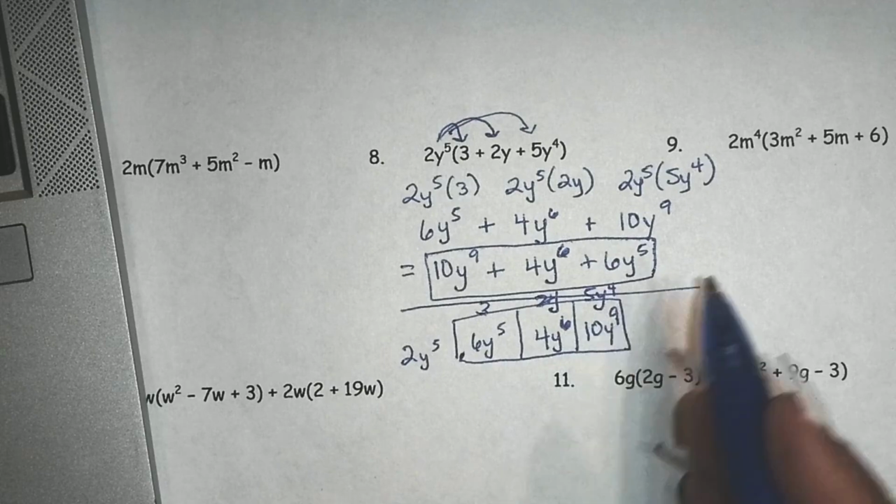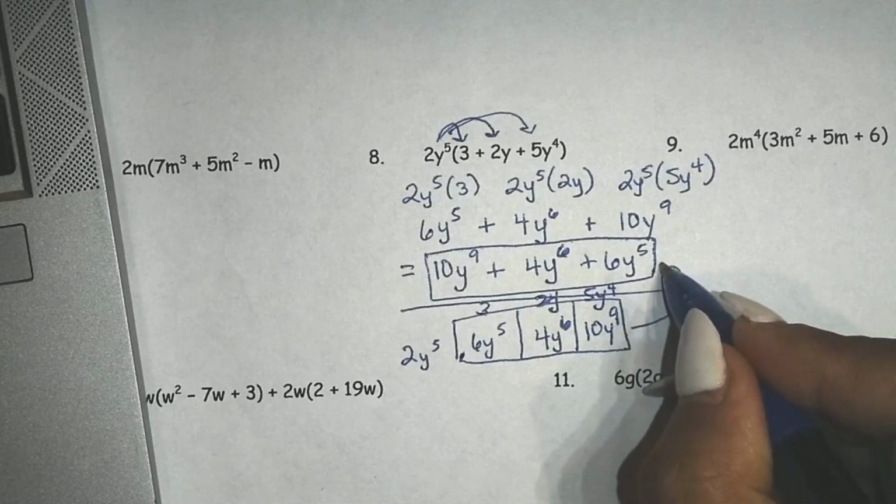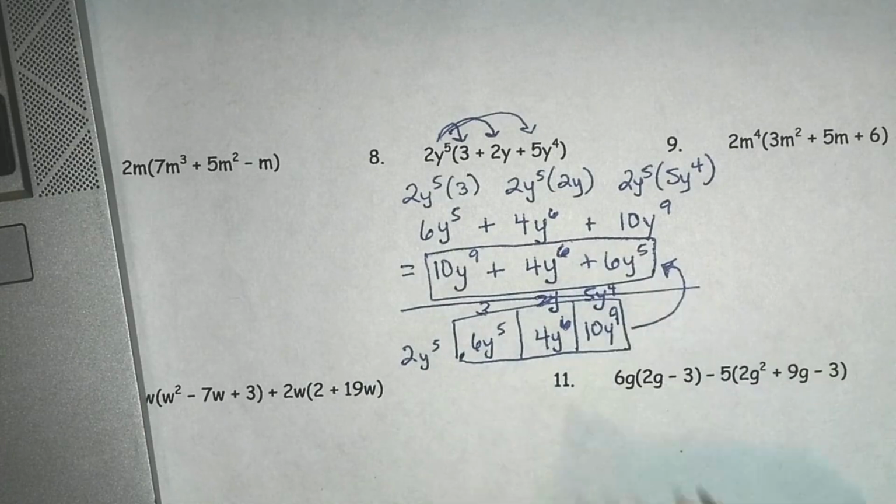And 5y to the 4th times 2y to the 5th is 10y to the 9th. Put it in order and take it out of the box, and that is your answer.